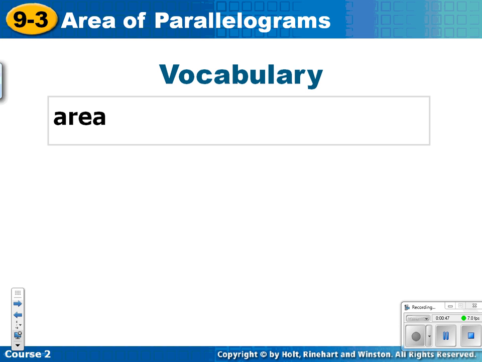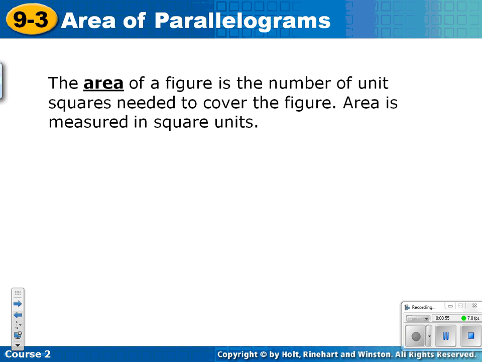And did you know technically a rectangle is a parallelogram? We're also going to talk about area. First of all, the area of a figure is the number of unit squares needed to cover a figure. Area is measured in square units. If you look down at the floor, that tile is a square unit.